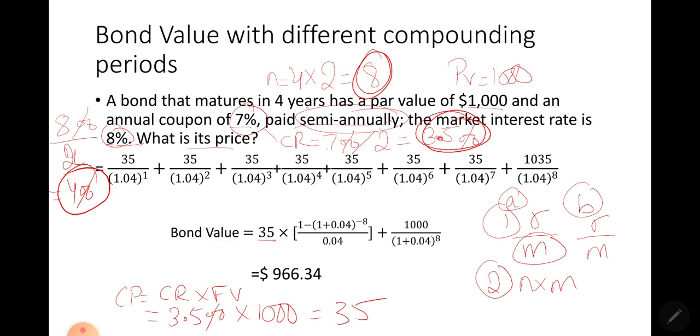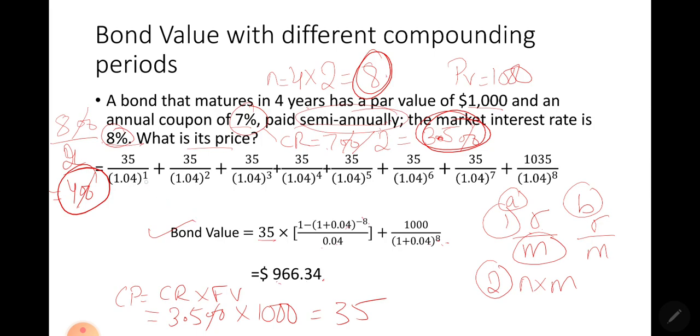And the R is now 4%, so we have 4% in place of R, and N is 8, so we have 8 at both places. The par value is still fixed, it's 1000. So if you calculate this, the answer is coming 966.34.